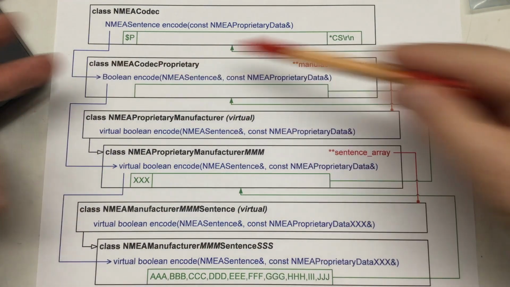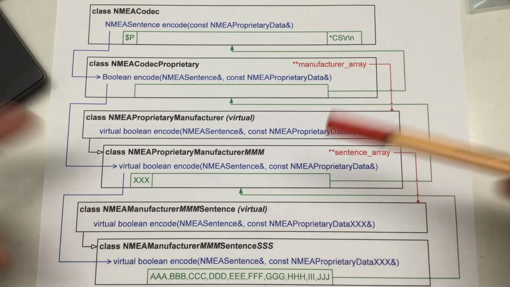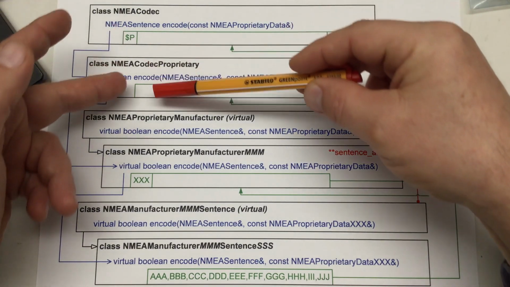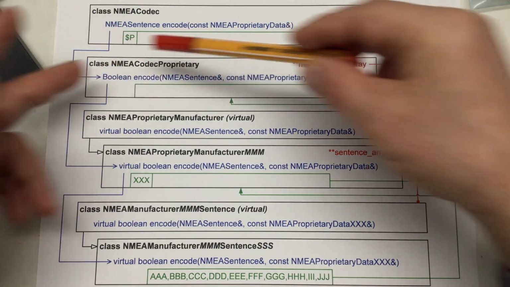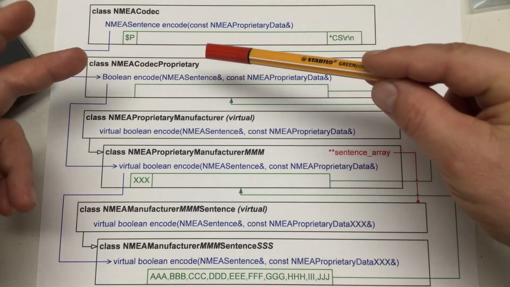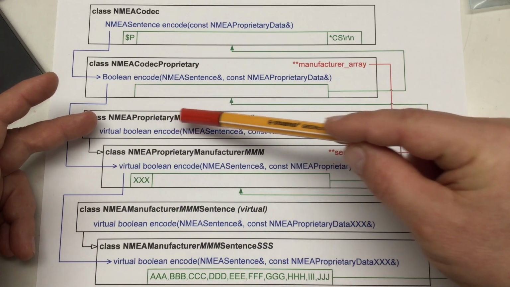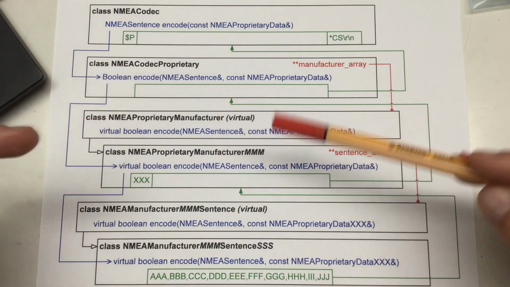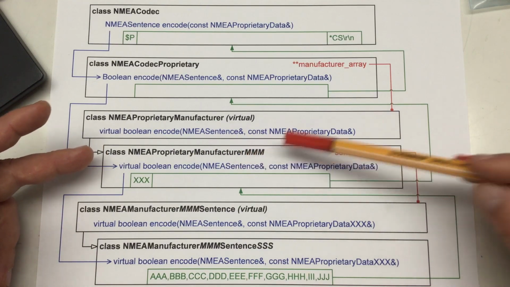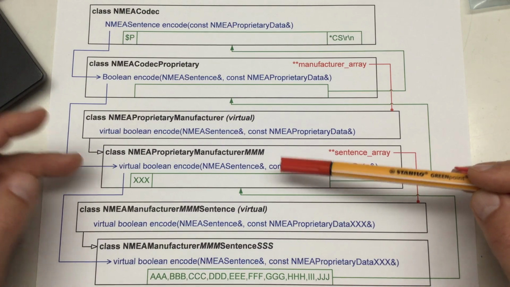So for the proprietary stuff, I came up with that naming scheme here. And the idea is, as you go down one level, you simply delete the first word here in the identifier. So below the NMEA Codec Proprietary now come the NMEA Proprietary Manufacturer without the codec, respectively the NMEA Proprietary Manufacturer MMM, the manufacturer code for a specific manufacturer.